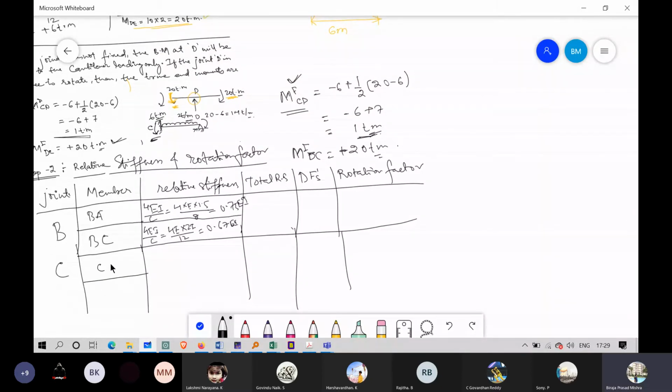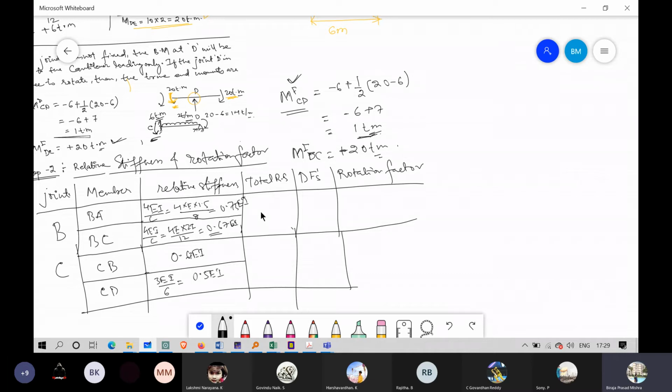Okay, so let's do this one again. So this will be CB, CD. For CB it will be the same value, 0.67 EI, and CD will be 3EI by L, L is 6 meters, so it is 0.5 EI.